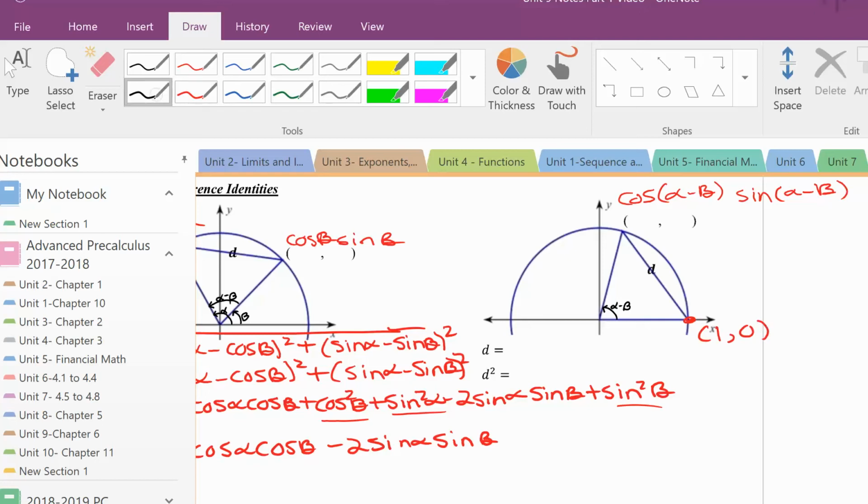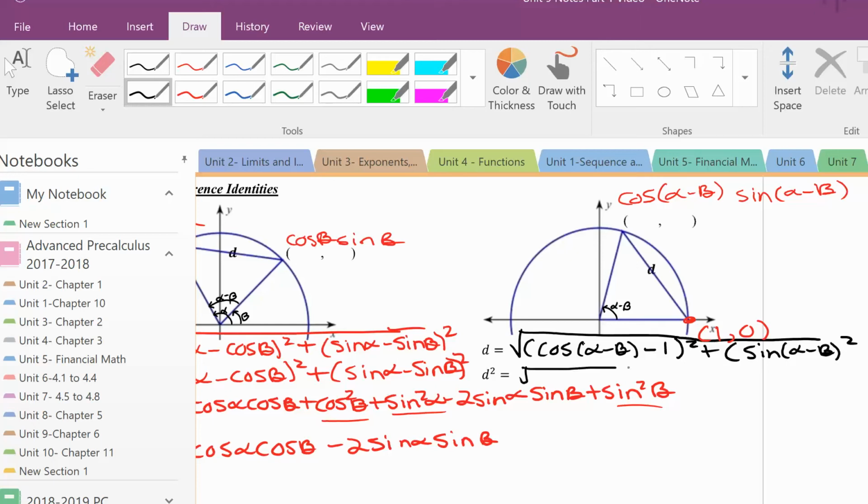So when you did the distance, you get cosine alpha minus beta minus 1 squared plus sine alpha minus beta squared, because minus 0 is just itself squared.